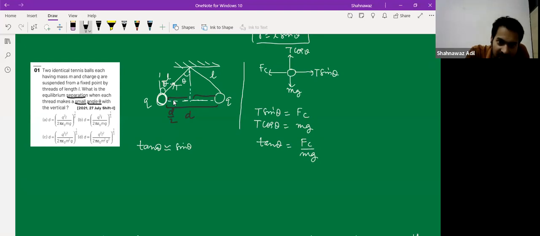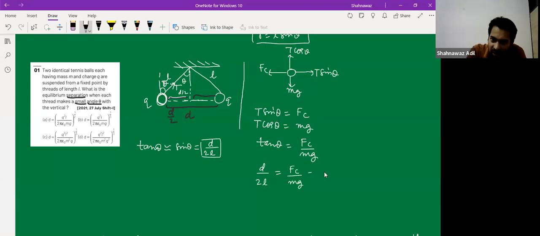This is d by 2, and this is n. So sine theta would be p by h, so this is d by 2l, and this is Fc, and this is n.